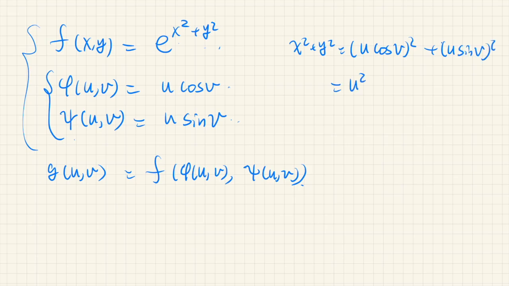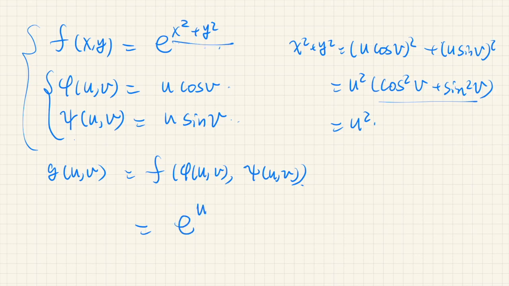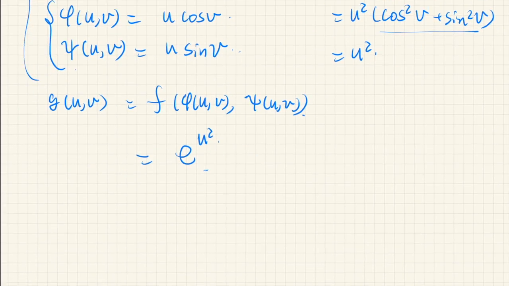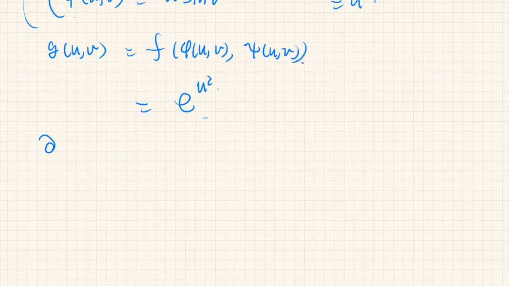That is u squared times (cosine squared v plus sine squared v), and this is 1. So this is just u squared. Okay, so if we substitute this, then we have e to the power of u squared. So this is the composite function. And as you can see, there is no v here. Okay, so it is trivial.